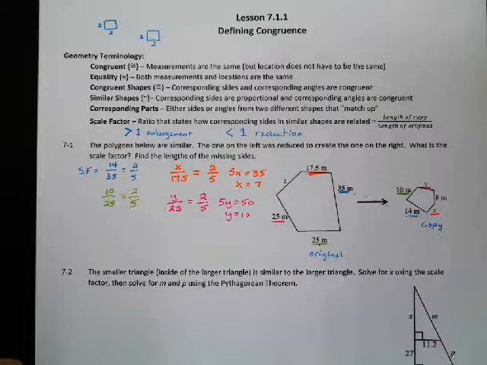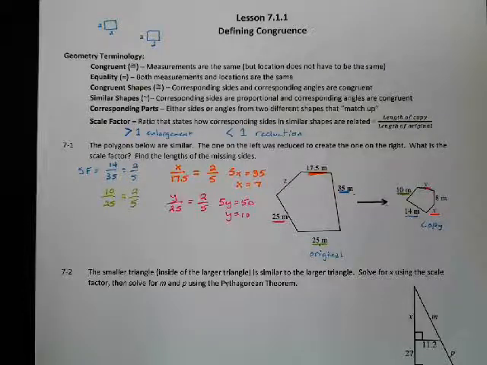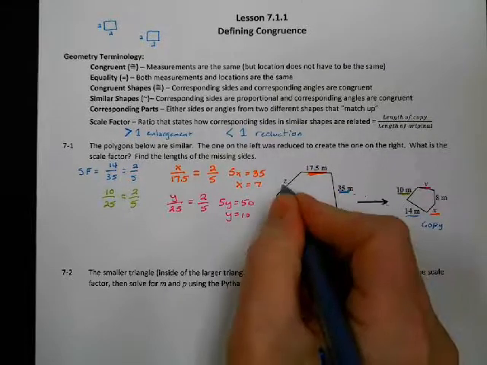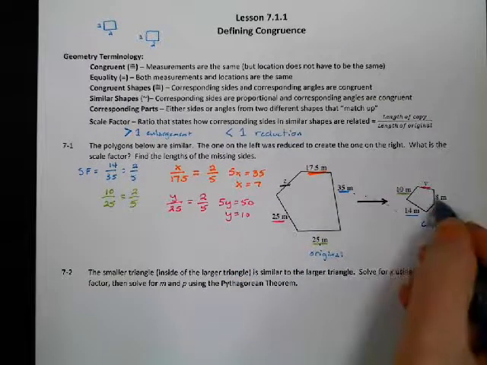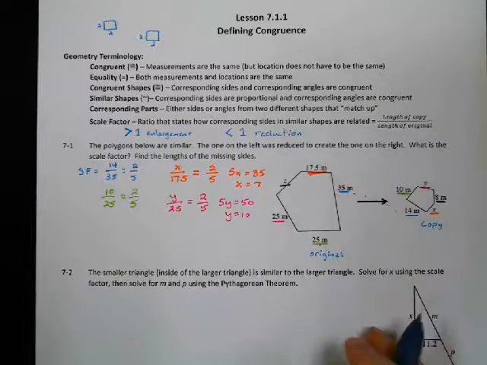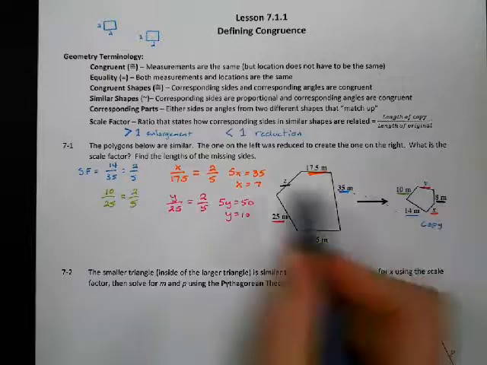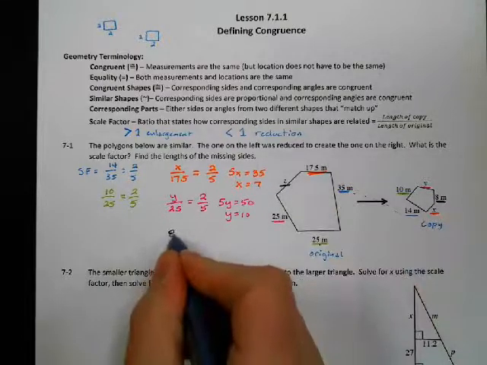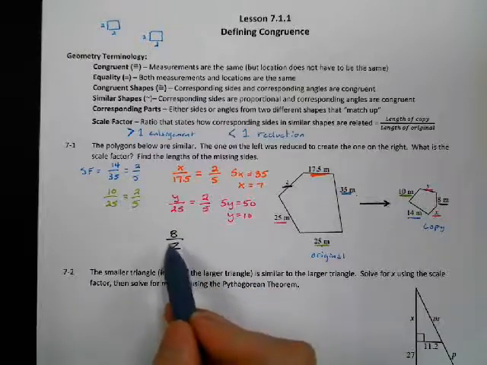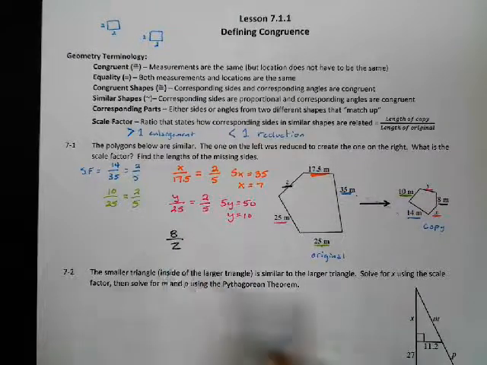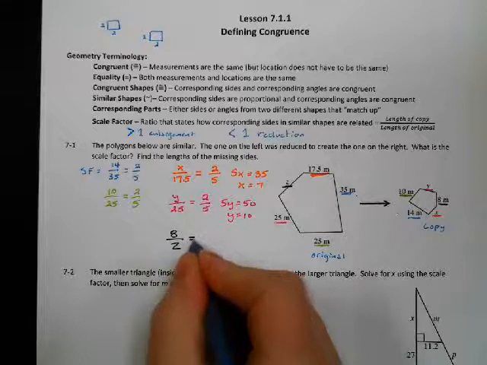Okay, the last one we got is Z. So looking at Z right here, Z corresponds to 8. Okay, it's copy over original, so I'll put 8 over Z. The variable does not automatically go in the numerator. Sometimes it'll be in the denominator. And this should reduce to 2 over 5.